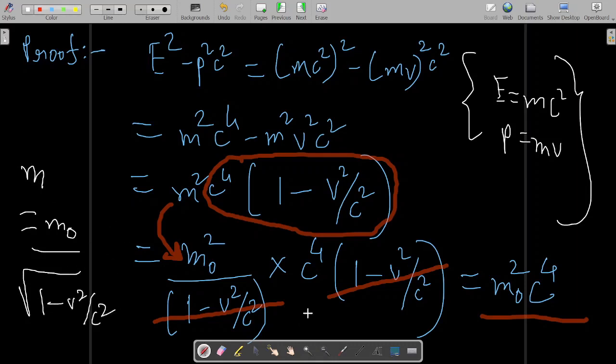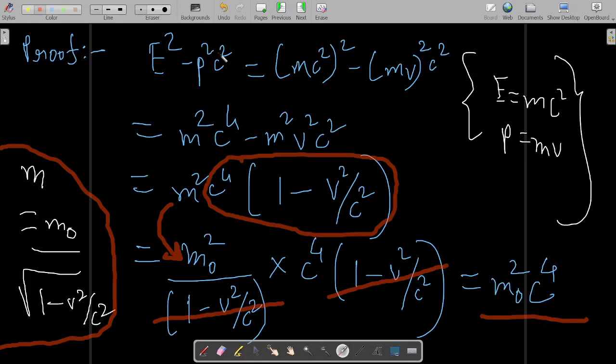This is the mass of the particle at velocity v, and m0 is the rest mass. When we took its square, the two terms cancelled, and finally we got m0 square C to the power 4.